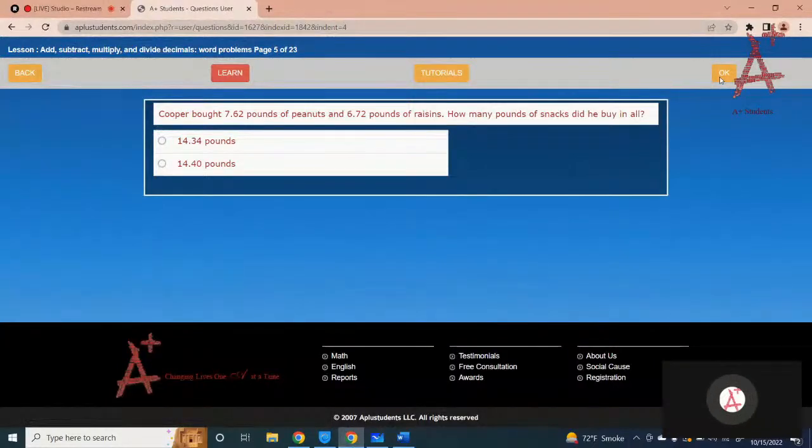Copper bought 7.62 pounds of peanuts and 6.72 pounds of raisins. How many pounds of snacks did he buy? So you have to add 7.62 and 6.72. So, which one is the correct option? Anyone who knows the answer?